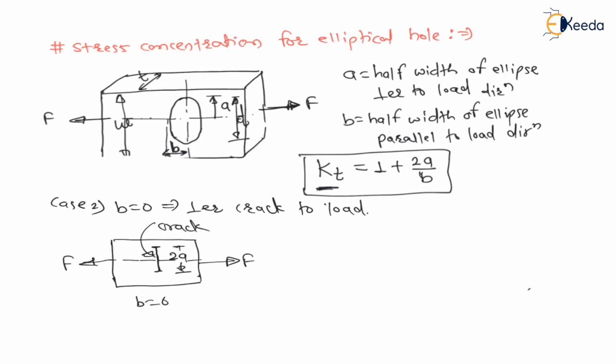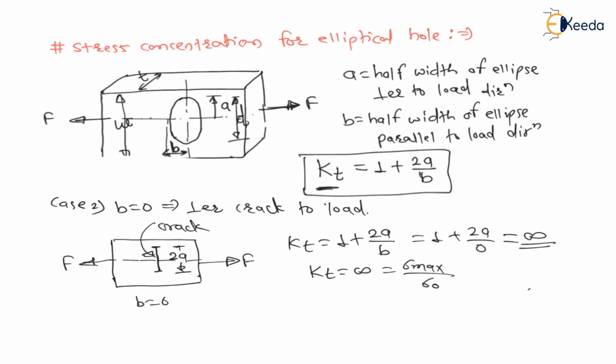Now calculate Kt. Kt is equal to 1 plus 2a by b, and b is 0 means 1 plus 2a by 0, which is nothing but infinite. Means the stress concentration factor is infinite. That means the maximum stress, which is sigma max divided by sigma nominal, can I say, is infinite.